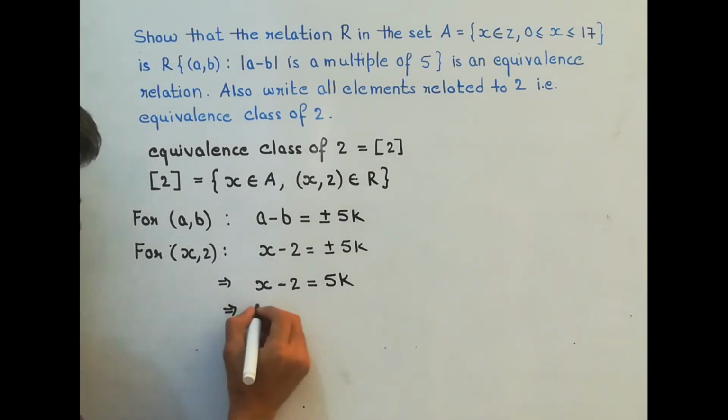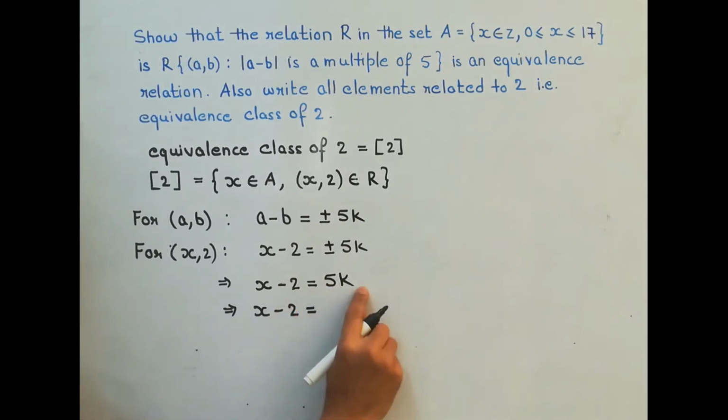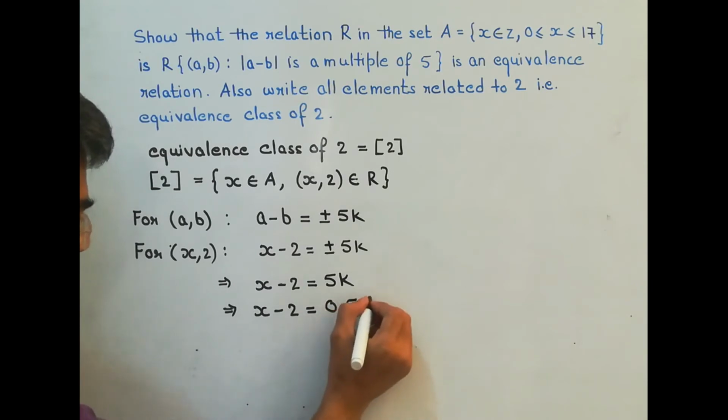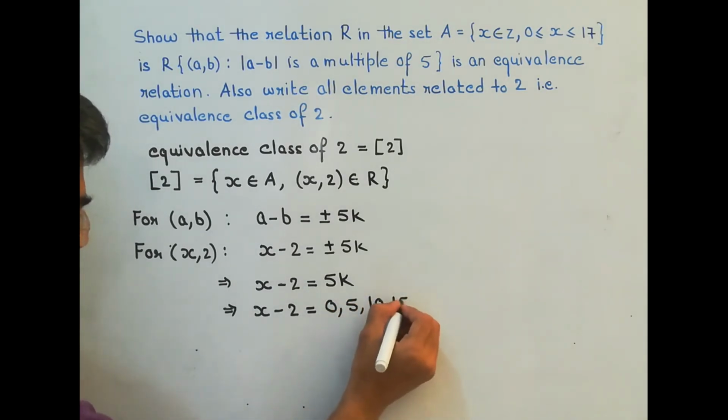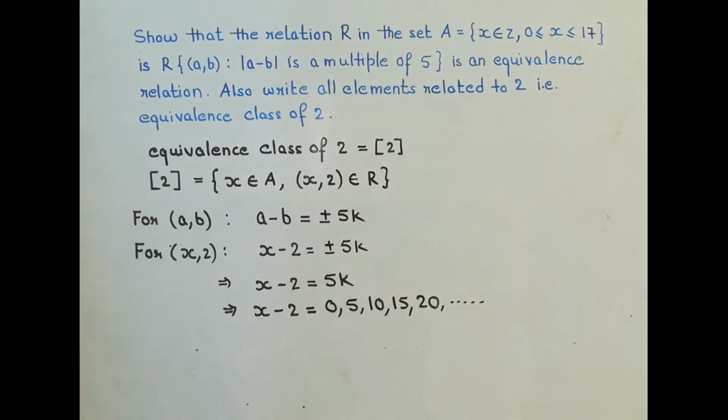So we get the relation x minus 2 is equal to a multiple of 5. So the multiples of 5 are 0, 5, 10, 15, 20 and so on. Now if we solve it one by one for x, let us see what values of x we are going to get.